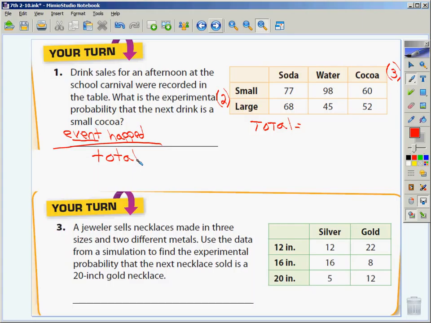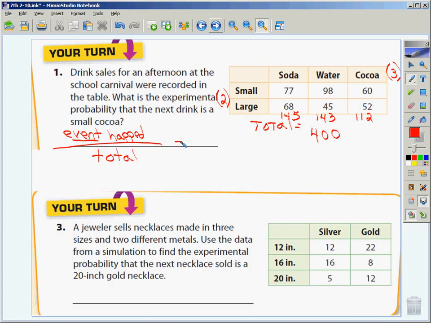77 and 68, 145. 98 and 45, 143. 60 and 52, 112. 145 plus 143 is 288. 288 and 112 is 400.